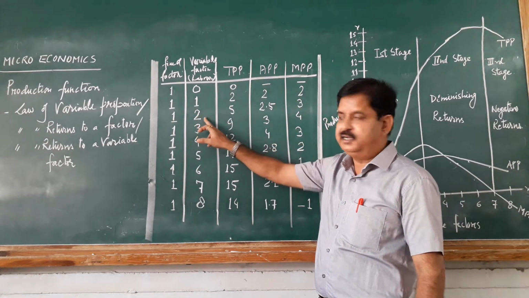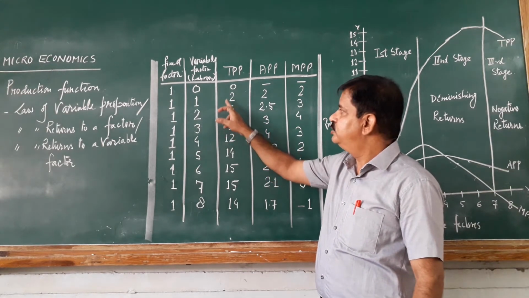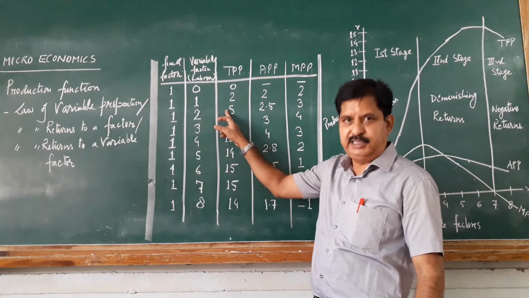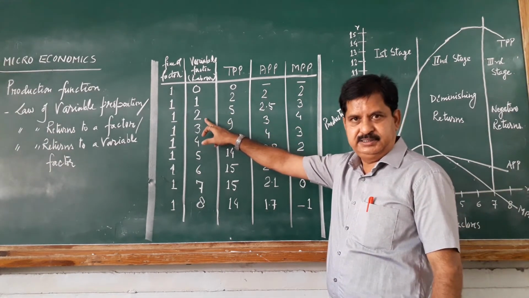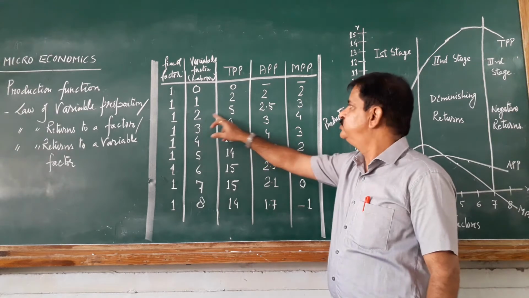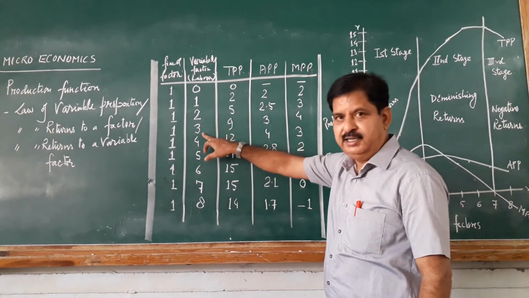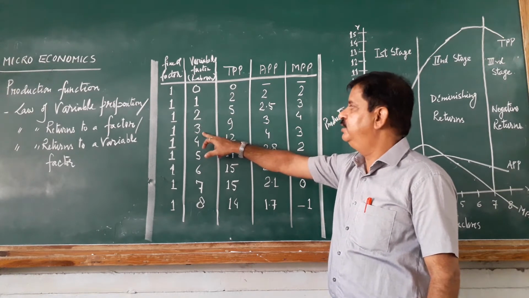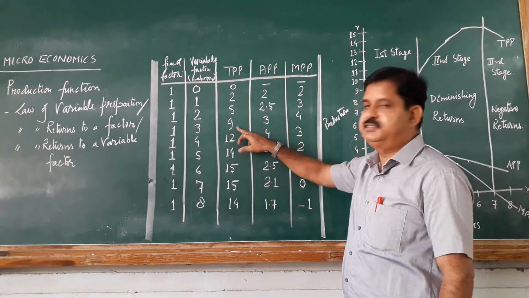When the second worker came, the total production increased to 5. So the total production increased by 3 units by hiring the second unit of labor. So the marginal product is 3. Again, with the employment of the third worker, the total production increases to 9. So 4 units increased.